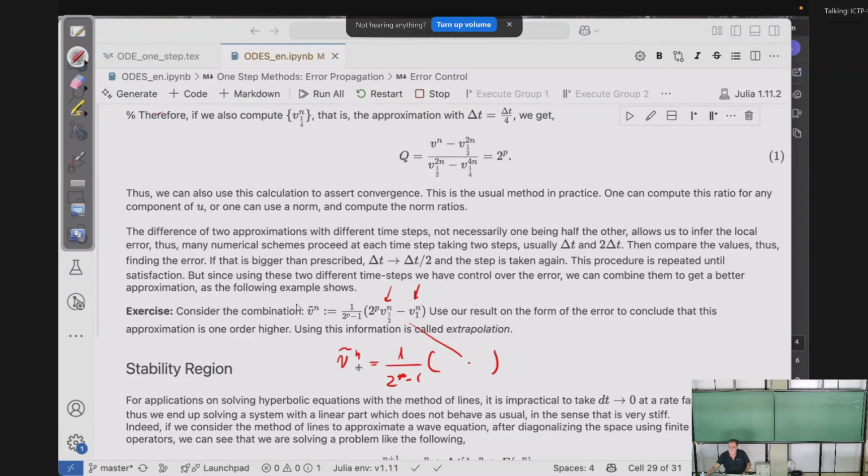It goes like delta t to the p plus 1. Why? Because if you do this subtraction here, this is an exercise, but basically what it says, you can get this one. So you see here there is a difference. So instead of taking this approximation and this approximation, I can make a linear combination of these two such that this term is 0.